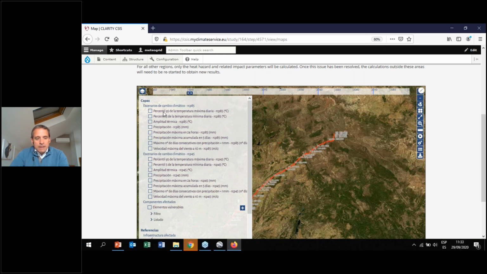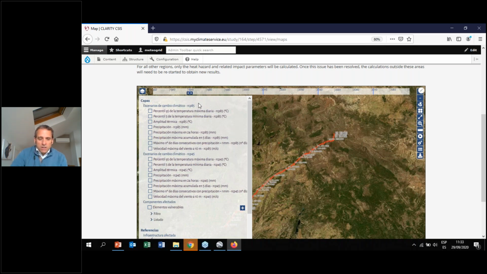So mainly maximum daily temperature, percentile 5 of minimum daily temperature, thermal amplitude, precipitation, maximal precipitation in 24 hours, maximal accumulated precipitation in 5 days, and maximal consecutive days with precipitation.